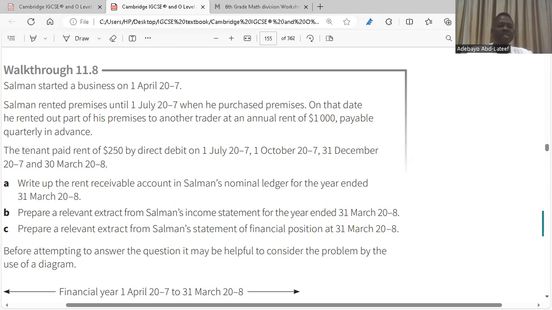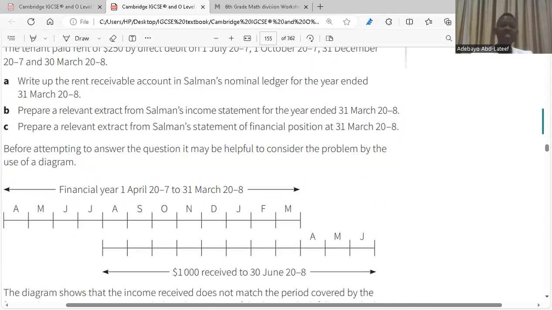So they said the tenant paid rent of $250 by direct debit on 1st of July, on December, and so the tenant paid $250, $250. That's $1,250, the total. Yes or no? Yes, $1,250. Good.